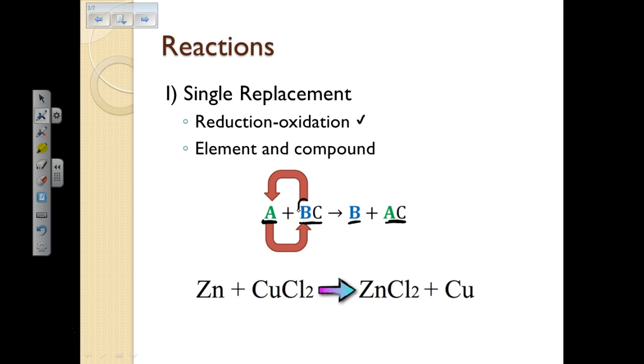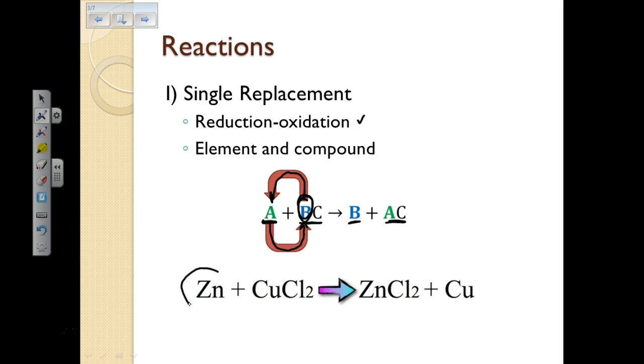And what happens here is one of the parts of the compound switches spots with the element, and the element switches spots and replaces the other one in the compound.